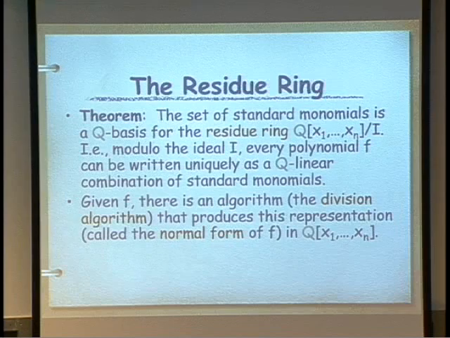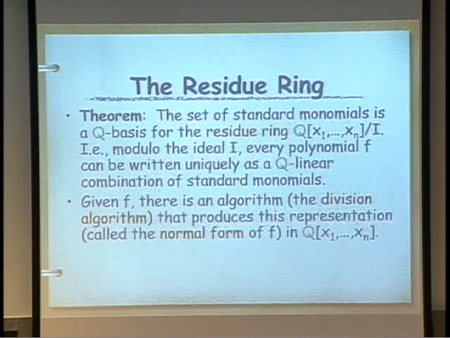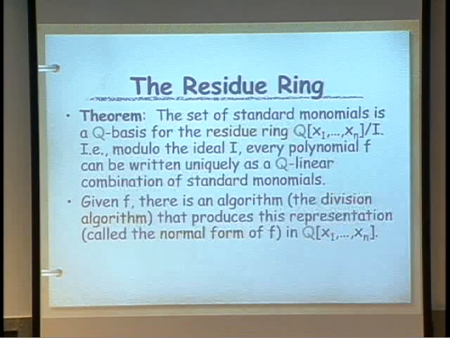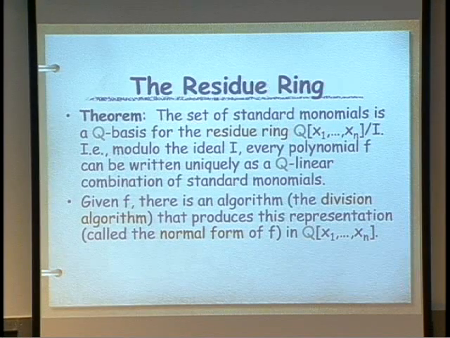You've enjoyed doing this, where you had not just one polynomial, but did it at the same time for n polynomials in n unknowns. And you enjoyed looking at and biologically interpreting the structure of those n normal form polynomials. So that's called the normal form. And algebraically, the standard monomials form a Q vector space basis, or in Brandy's case, an F sub 2 vector space basis for the residue ring.